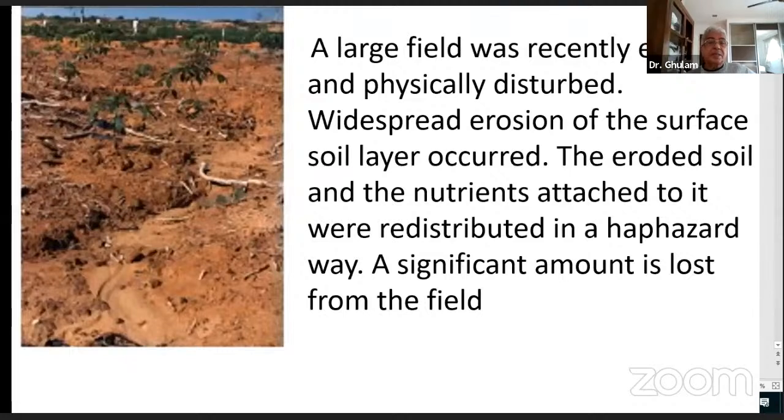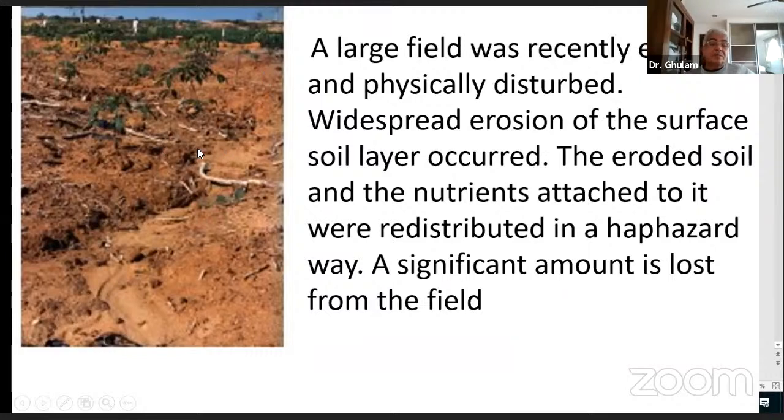This is another example of soil erosion in a big field where there is no erosion control practice that can help to reduce the movement of soil. And also recently the soil has been disturbed physically, maybe to remove weeds and so forth.